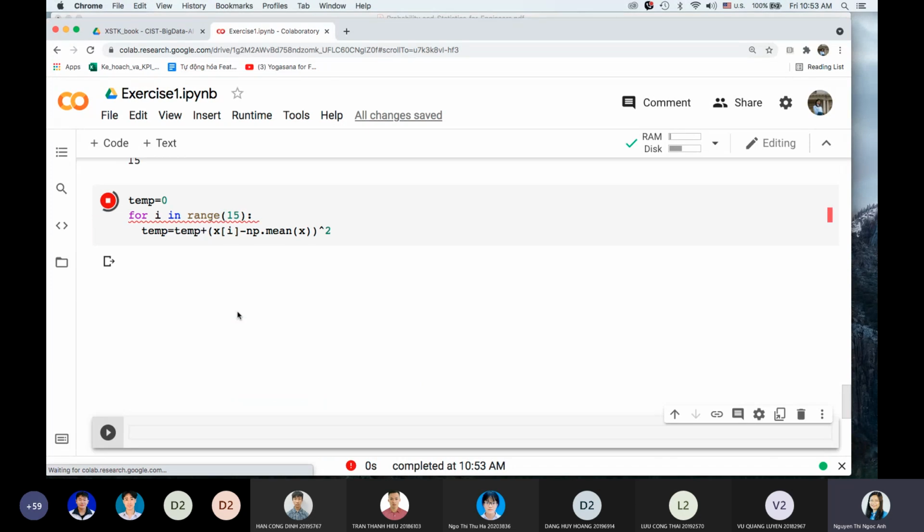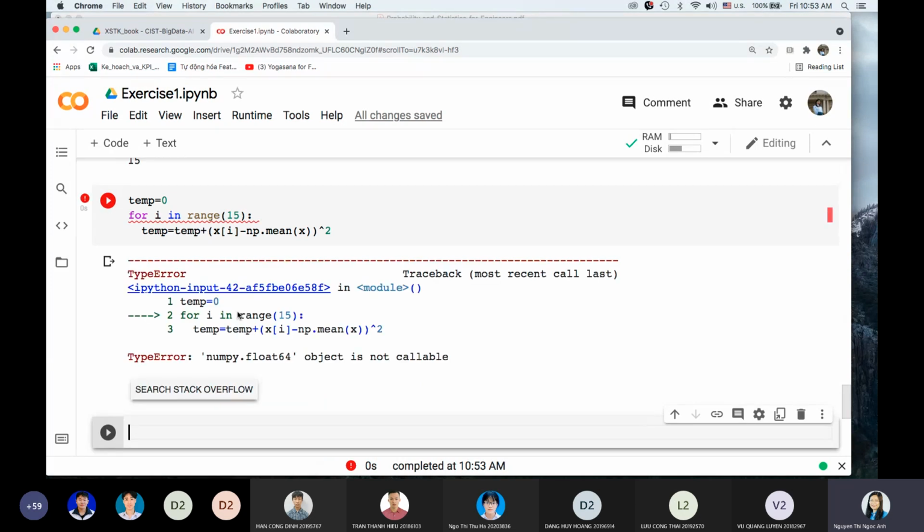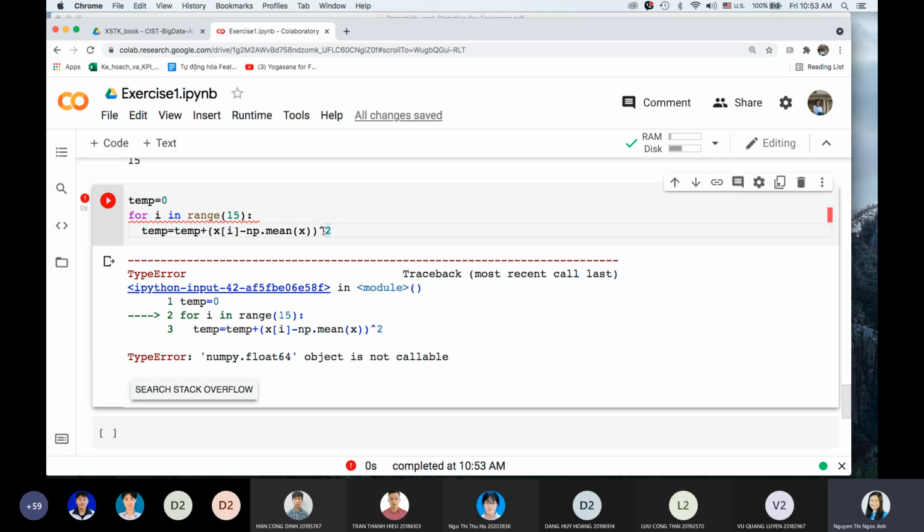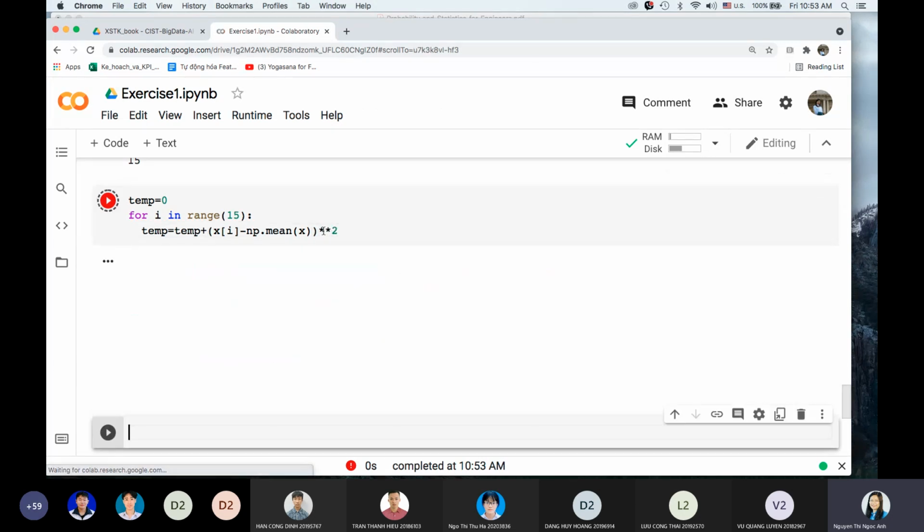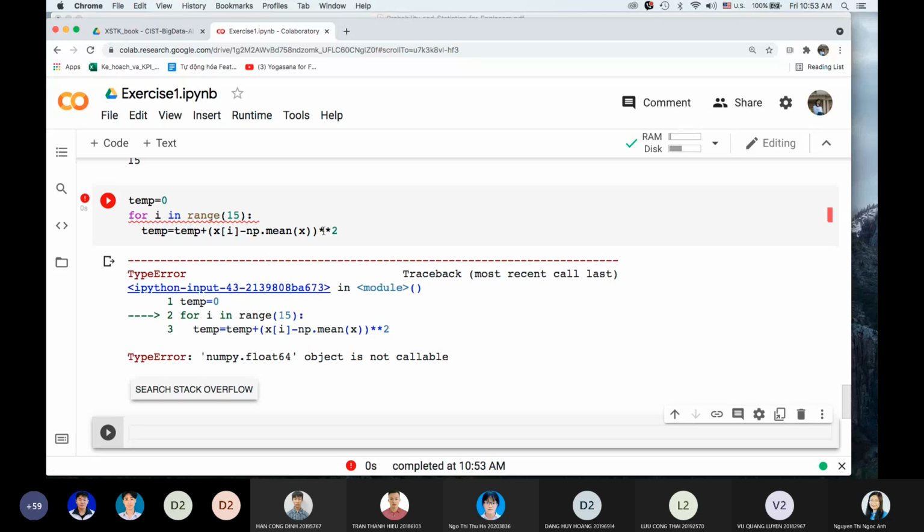I don't understand why. What happened? Oh, okay, I see. Here is the square like this. Where's n?